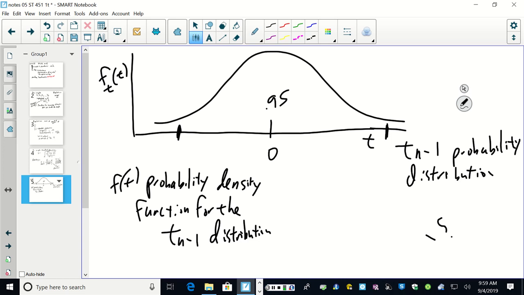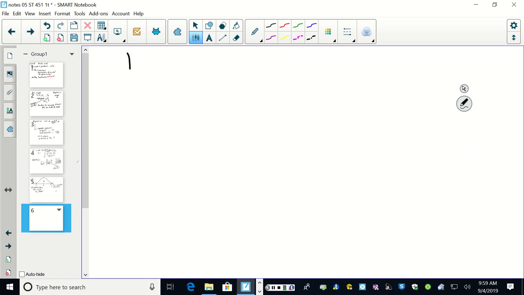If you randomly got a sample and randomly got one value of t, it's going to be some value on the real line around 0, and approximately plus or minus 2 for most cases. It changes depending on the degrees of freedom. Small degrees of freedom are wider, large degrees of freedom are narrower, but it's going to be approximately plus or minus 2. So knowing this, we can then set up some hypotheses.